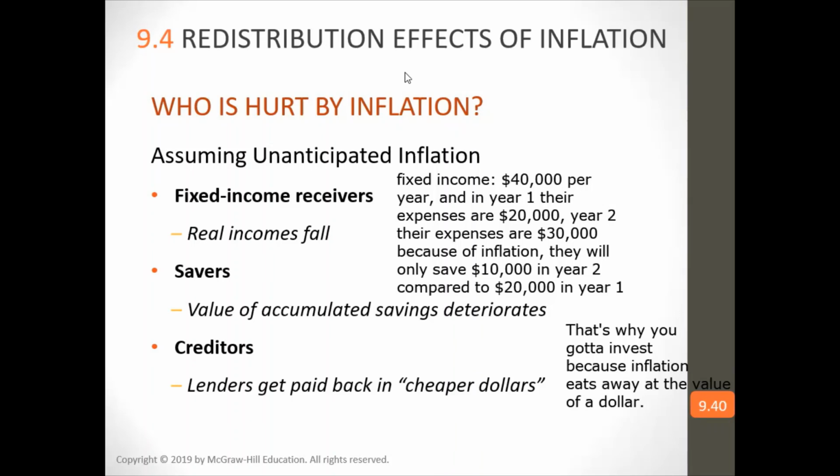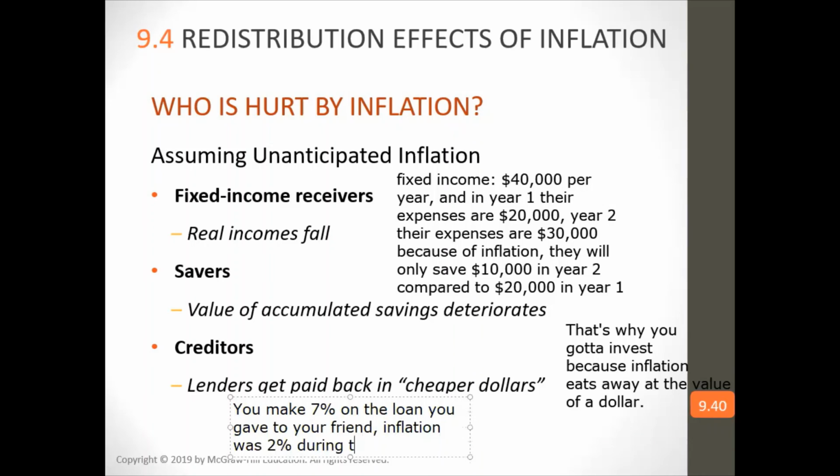And then lenders get paid back in cheaper dollars. Let's say you make 7% on the loan you gave to your friends. Inflation was 2% during that period.